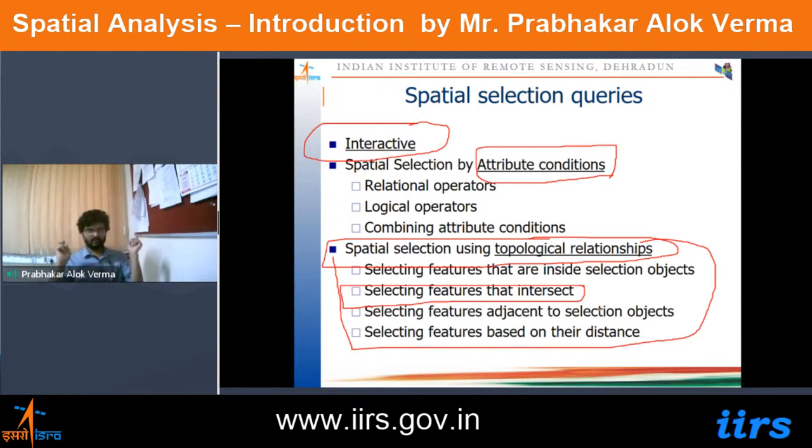In that case, quickly using GIS, you can identify the roads which are crossing that boundary and block all those entry and exit points. That is one of the practical applications.